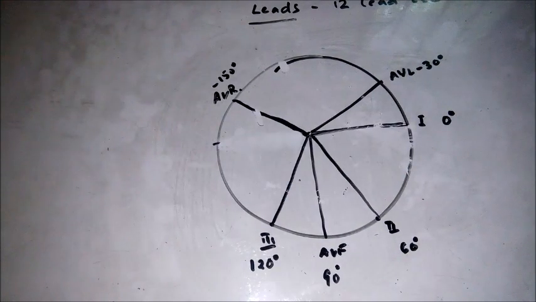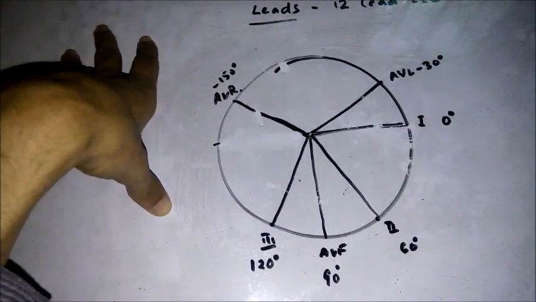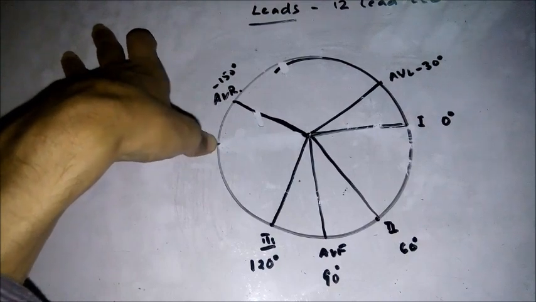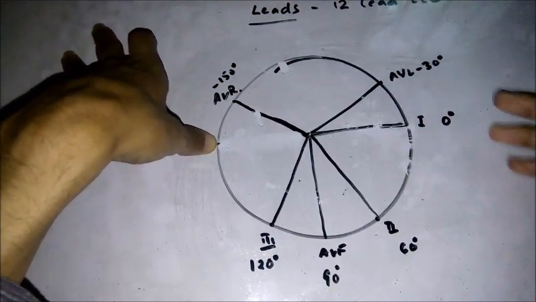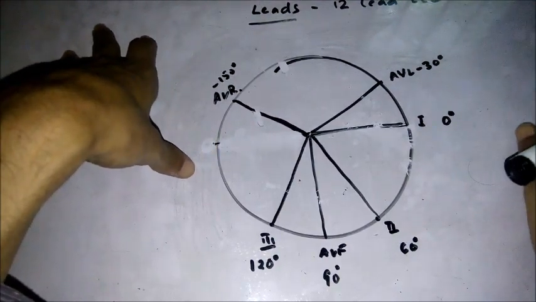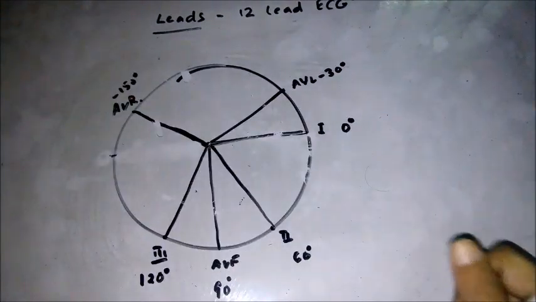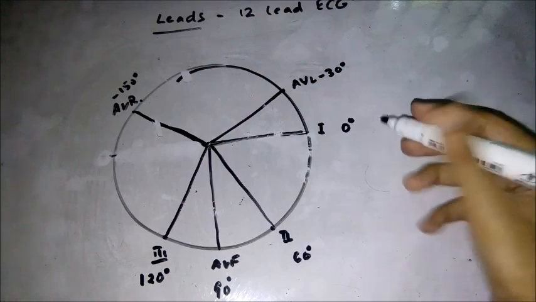Once you know these individual axes of the leads, the next step is to look into your ECG, into the limb leads, and see the most isoelectric lead. What do I mean by isoelectric?